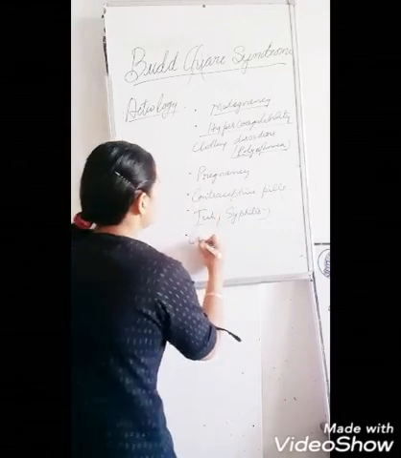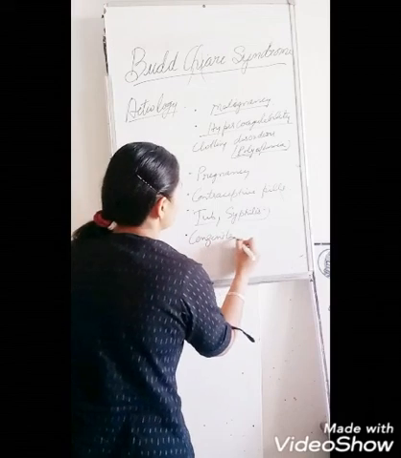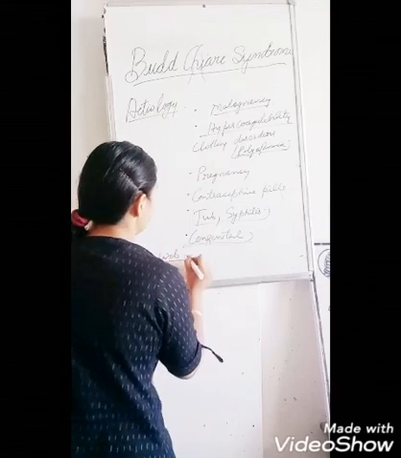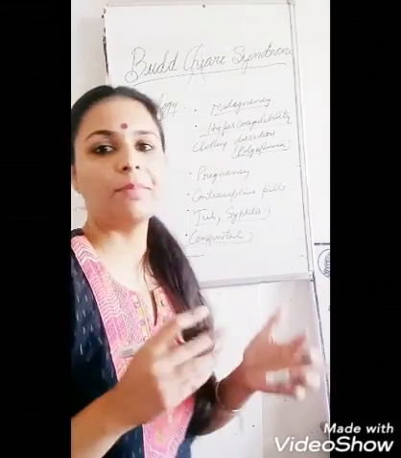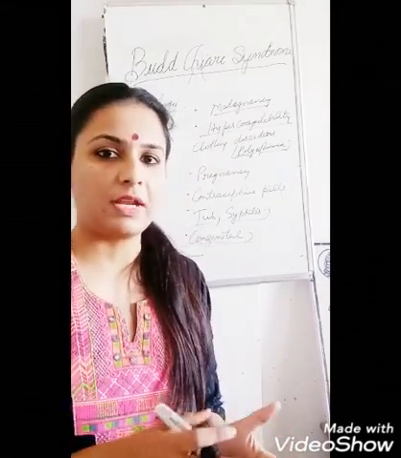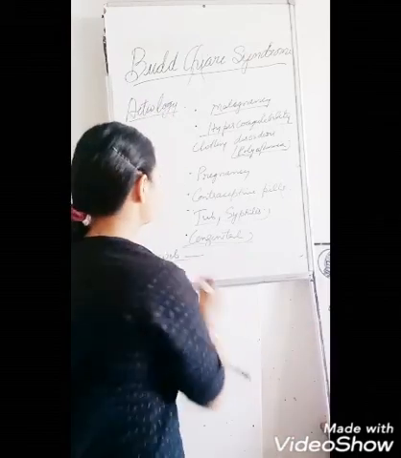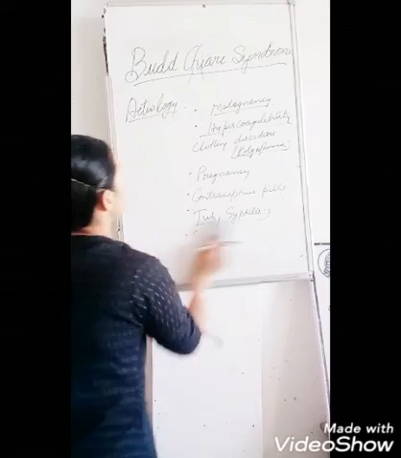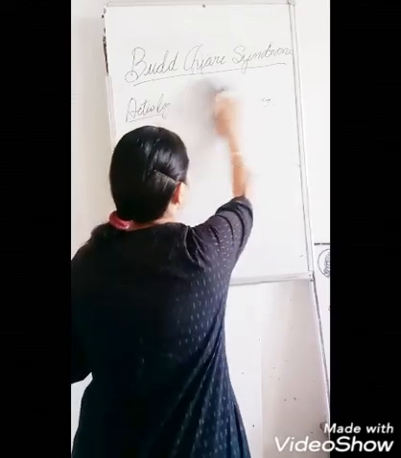Then there could be a congenital factor also. If congenital, there is a web in the suprahepatic portion of the inferior vena cava, but in this condition, the web can be removed. So these are the causes of Budd-Chiari syndrome.